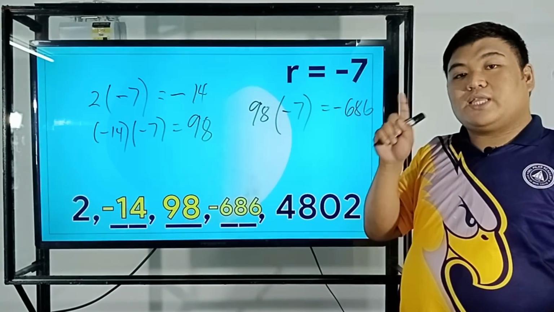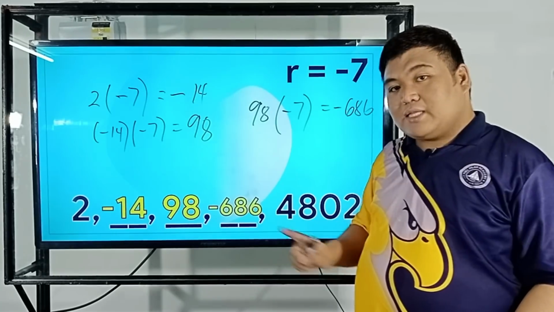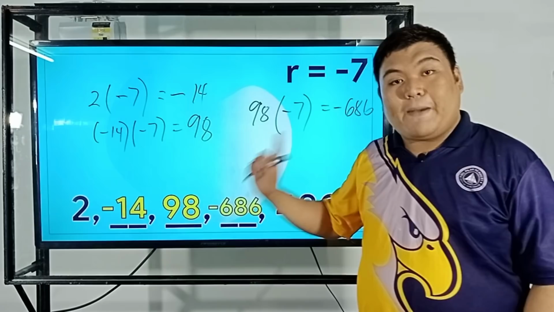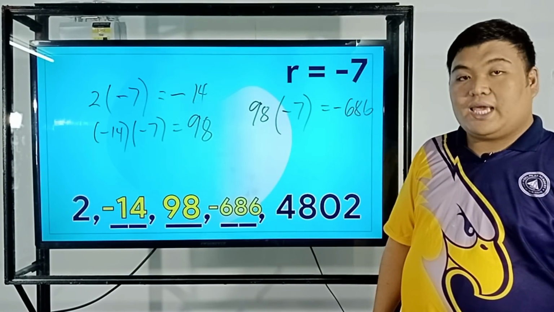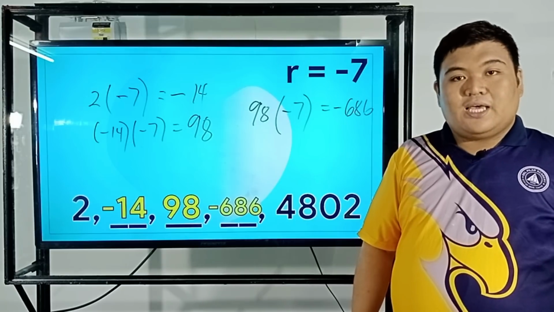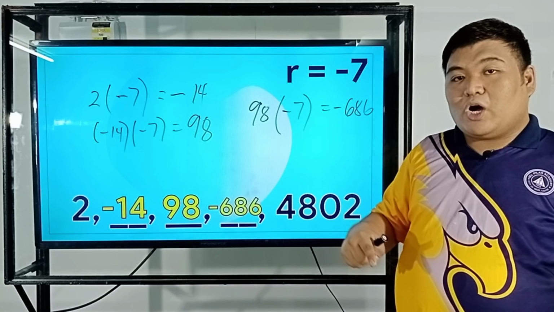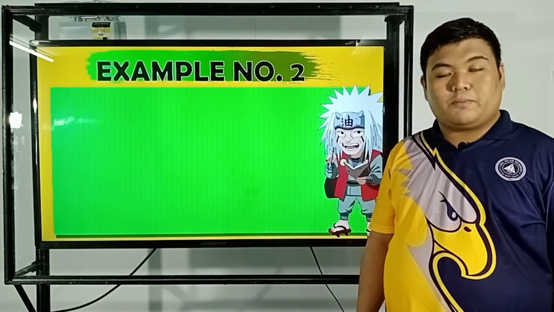Nung ang common ratio ay naging negative 7, ano na ang naging set of answers? We have negative 14, positive 98, and negative 686. So again po, kapag even ang index, dalawa ang common ratio, dalawa ang set of answers. Let's now have example number 2.